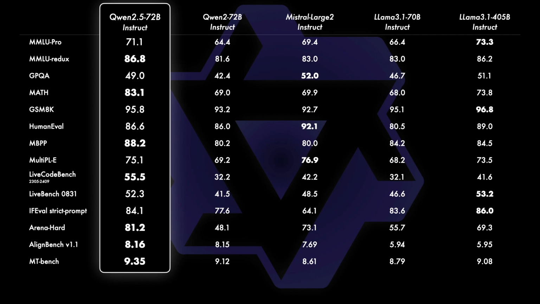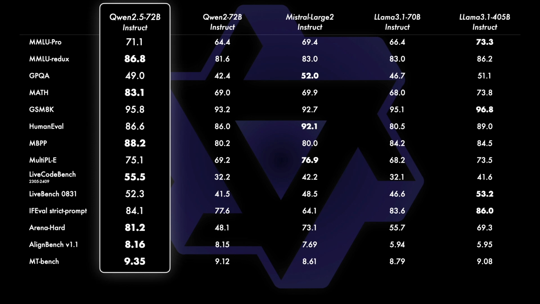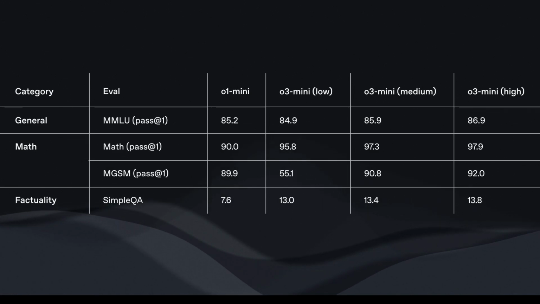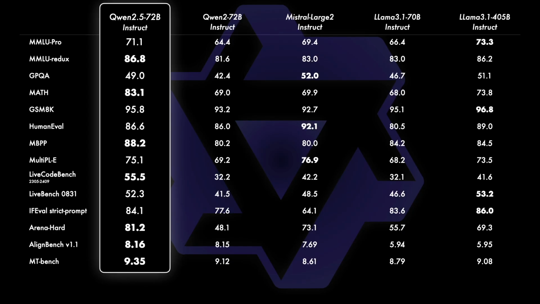Look over here, if we compare the benchmarks, let's say on math or HumanEval, we're getting about 86% performance, and O1 Mini is getting 89, or 85 on MMLU. You can kind of see the differences between these two models.